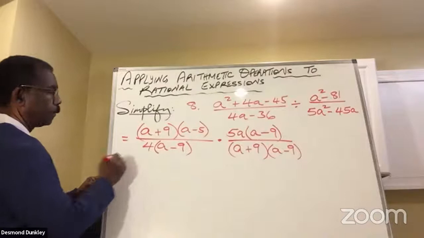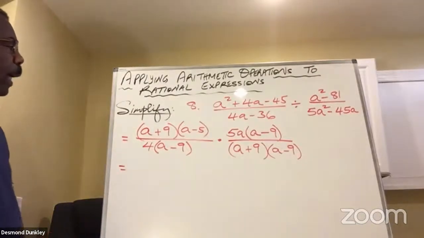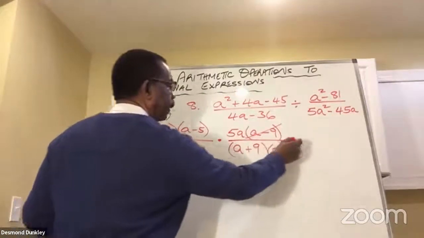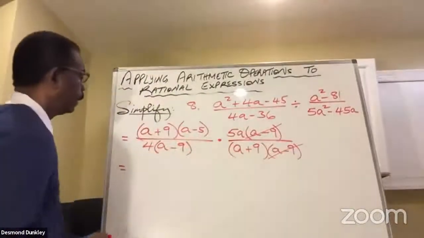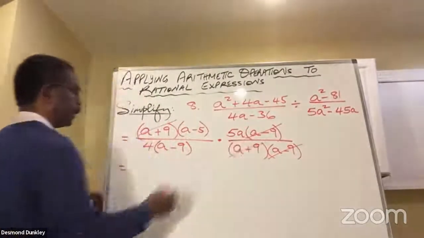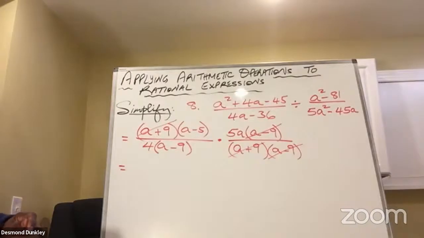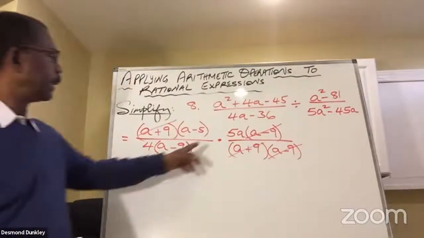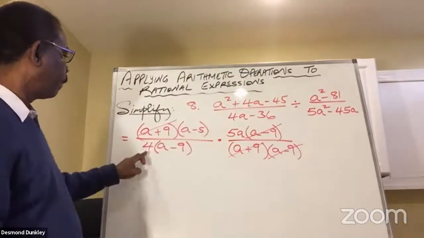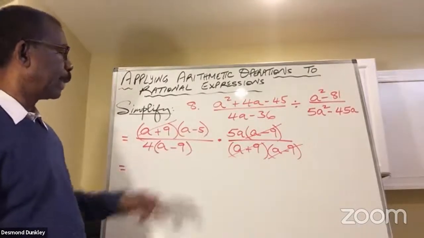And here we go. What do we have? I think we have a few things that can be simplified. First of all, I see a minus 9, a minus 9. Then I see a plus 9, a plus 9. Now what else is left? Okay, I see a 5a, a minus 5, 4, and an a minus 9.